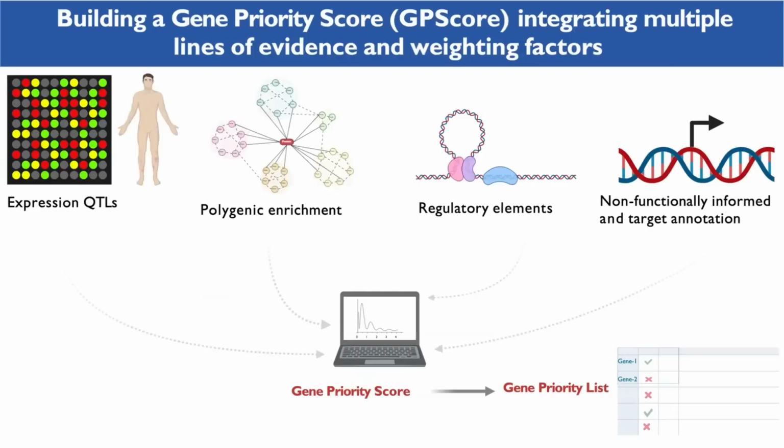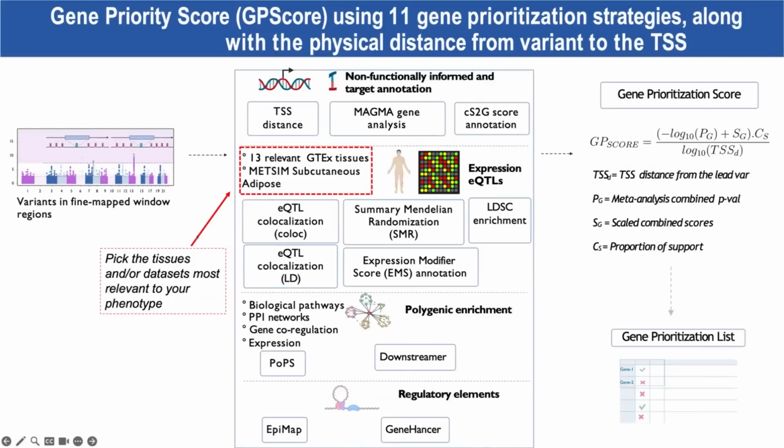Together we built this score, integrating expression QTL data, polygenic enrichment, known regulatory elements, and also non-functionally informed target annotation. So here are the pieces we used. From the non-functionally informed target annotation, we used distance to the transcription start site of the lead GWAS variant.